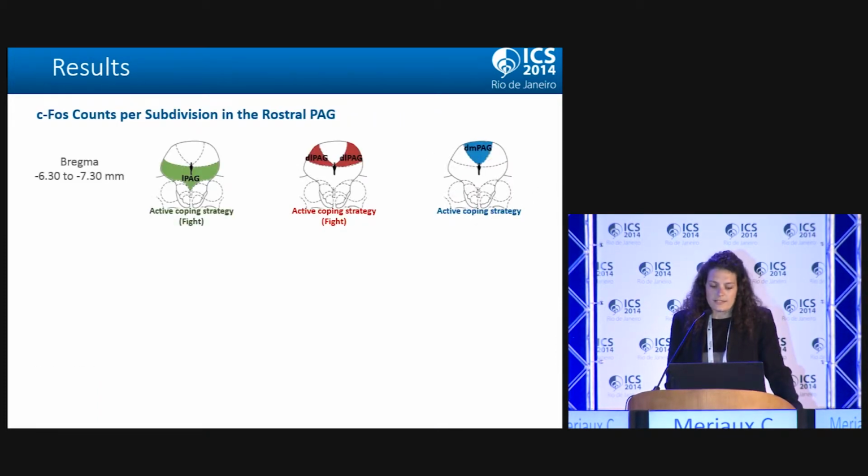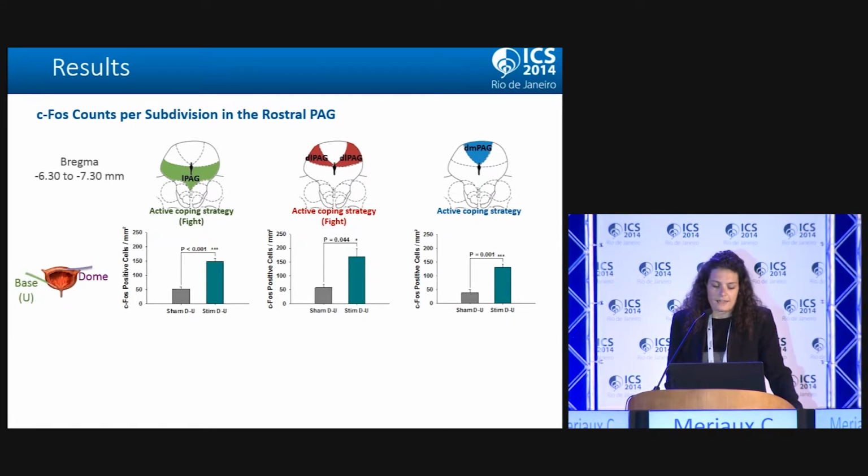When you look at the statistical analysis, in the rostral PAG, in the anterior part of the PAG, for the animals that had implantation of the electrode in the dome and the base of the bladder, there was a higher number of c-Fos positive cells.